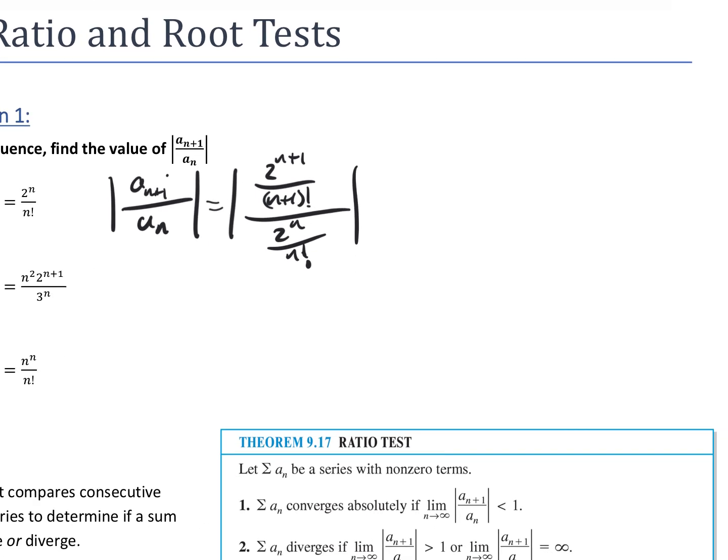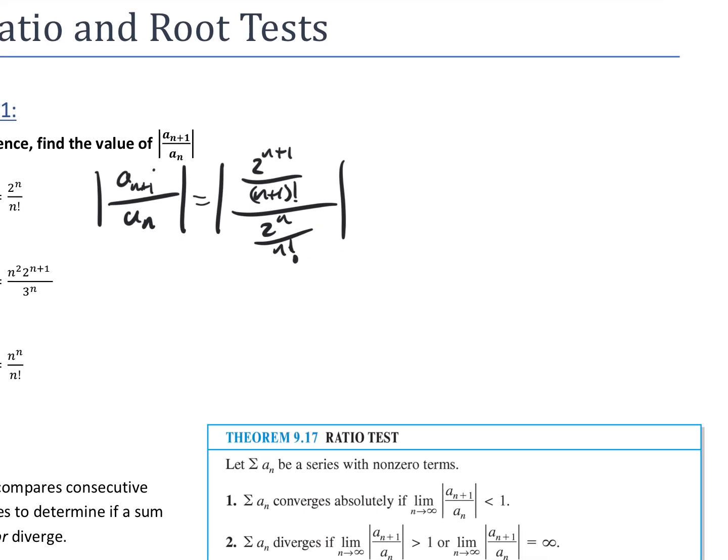All right, and we're dividing fractions, so as we know, we can multiply top and bottom by the reciprocal of this, or just rewrite this as multiplying by the reciprocal. A whole lot easier to work with. 2 to the n plus 1 over n plus 1 factorial times the reciprocal of that denominator.